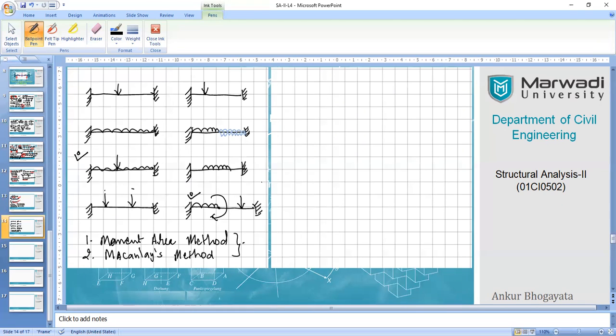So now continuous beam we shall be using in the next session, in the next week. And the intention behind taking the continuous beam is to show you the method of consistent deformation.